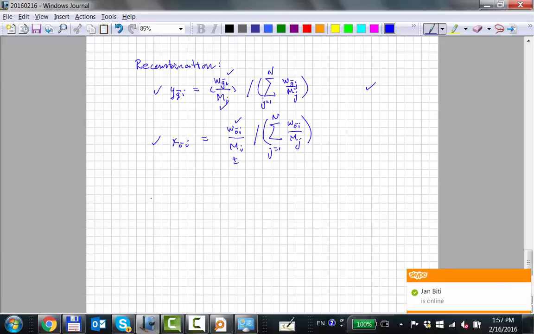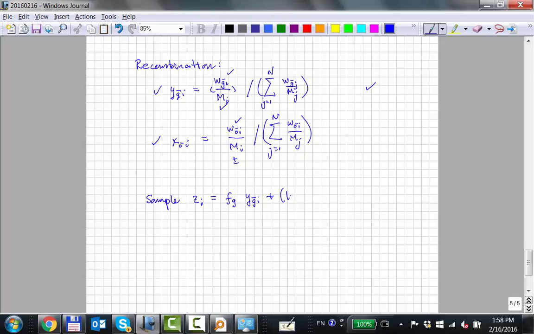And then the total sample composition that we started with, that could be ZI if it's a reservoir fluid. Let's just assume that it's some reservoir fluid. It is equal to the mole fraction that's gas, plus 1 minus the mole fraction that's oil.